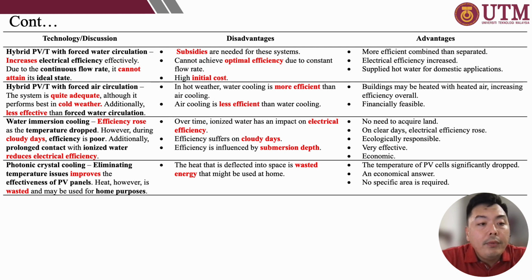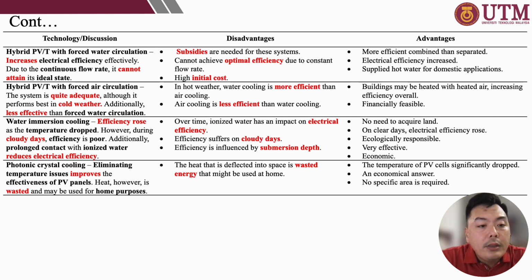For hybrid PVT with forced water circulation, it increases electrical efficiency. Due to the continuous flow rate, it cannot attain its ideal state. Hybrid PVT with forced air circulation, the system is quite adequate, although it performs best in cold weather. Additionally, it is less effective than forced water circulation.